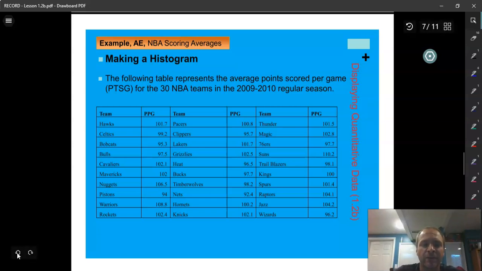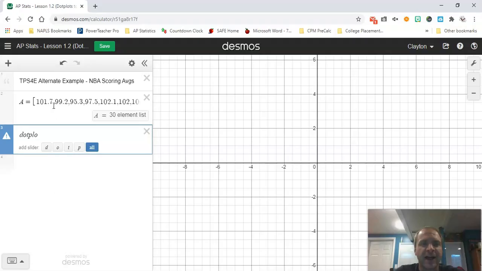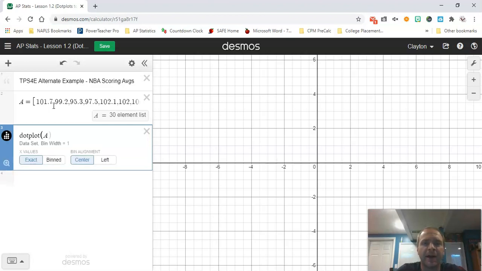So I'm going to pull up the Desmos calculator online, and we can take a look at what's going on here. As I pull up the calculator, I have right here The Practice of Statistics, fourth edition, alternate example, NBA scoring averages. You see I'm starting to type in dot plot of A. Well, nothing popped up. That doesn't mean it's broken. That just means if you look at my scaling on my graph, it doesn't fit.